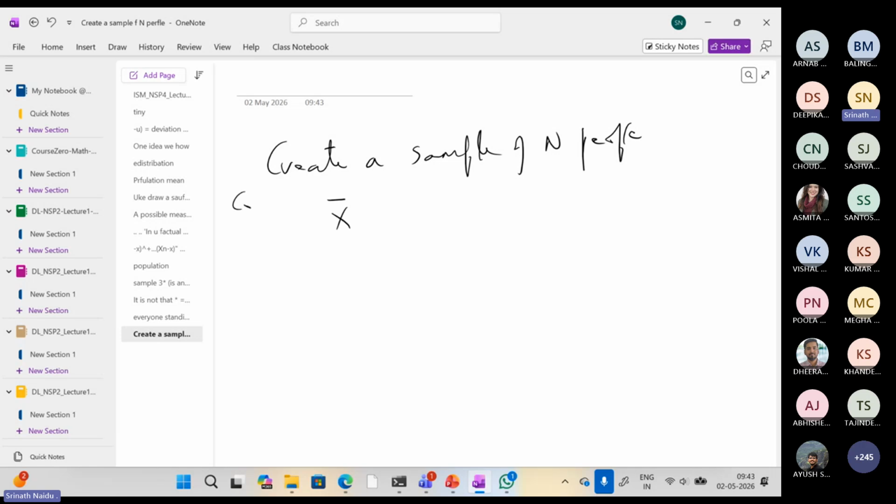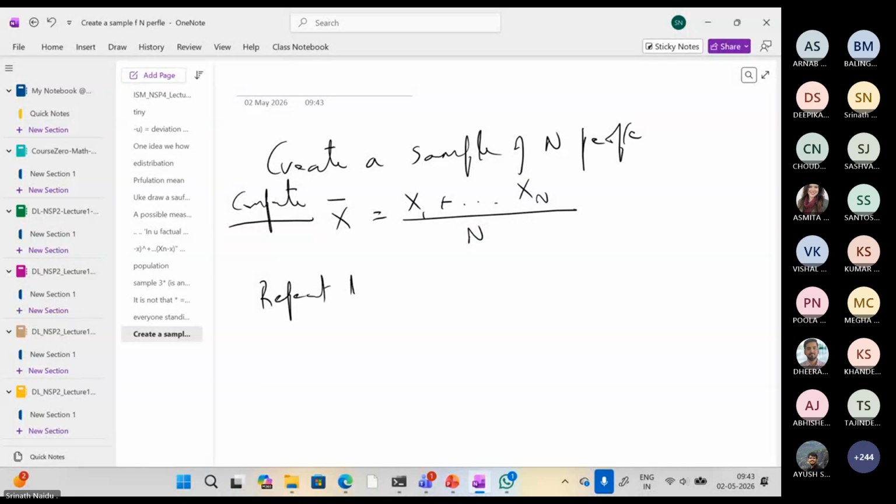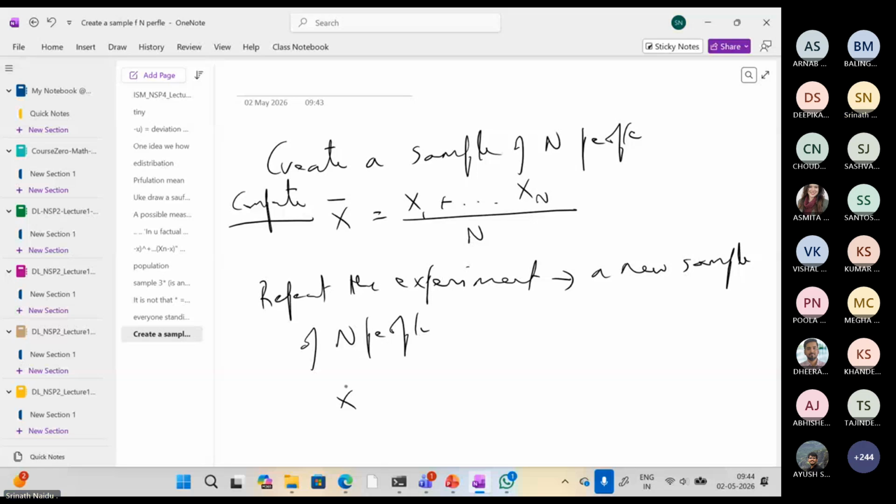Compute X bar, which is x1 plus x2 plus up to xn, divided by n. Repeat the experiment with a new sample of n people. Then you get X bar prime, which is x1 prime plus up to xn prime, divided by n. Right? And then keep doing it.